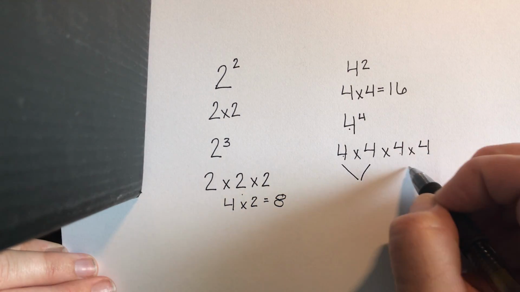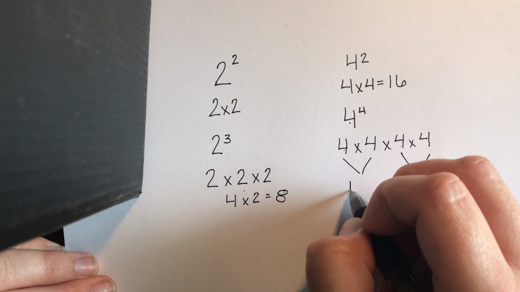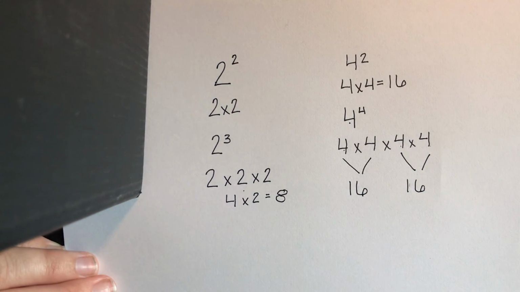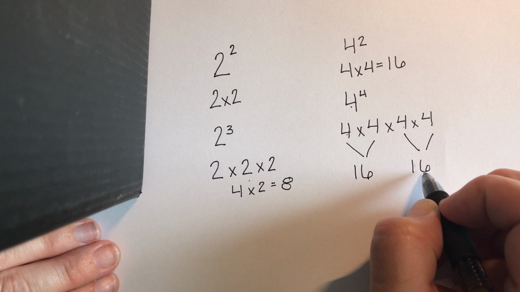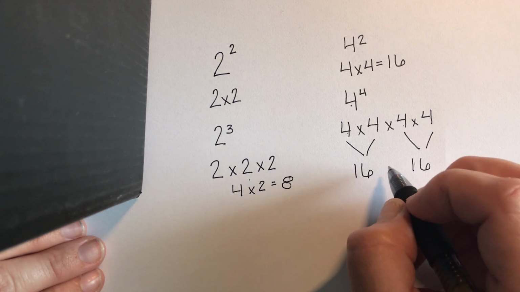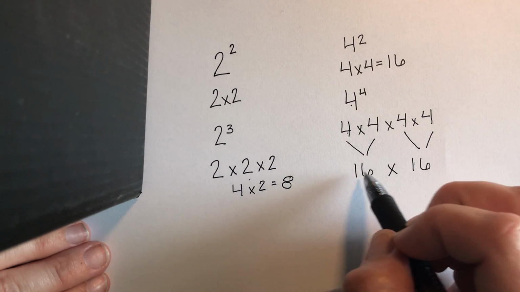All right. Uh-oh. 4 times 4 is 16. Well, what if we made the 16s 10 and 6? 16 times 16. Oh, man, no wonder they left that for 4th or 5th grade.